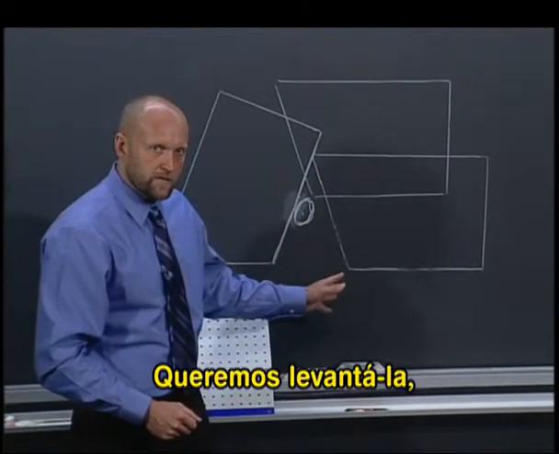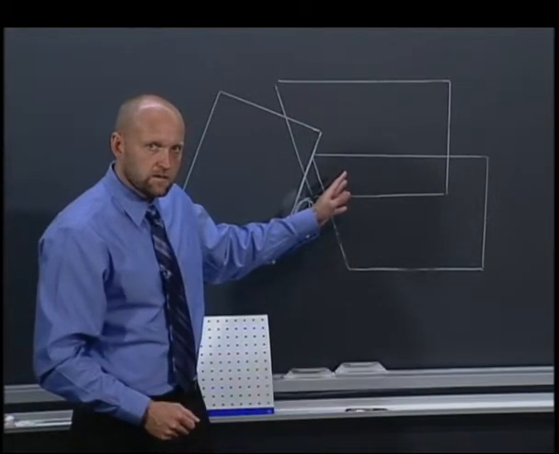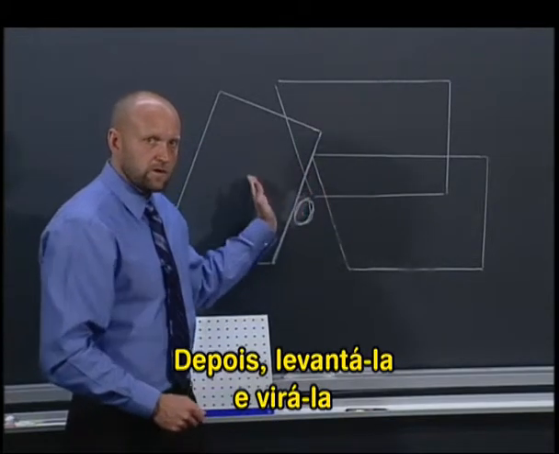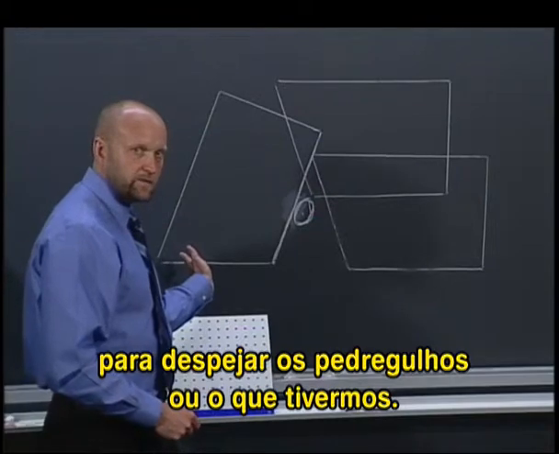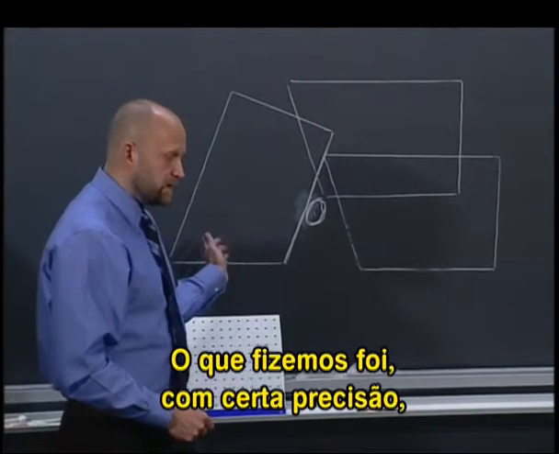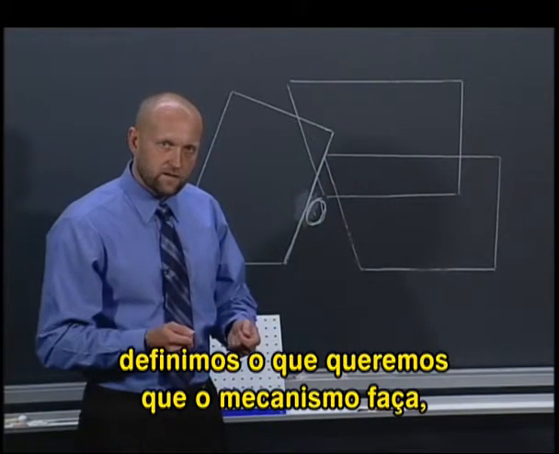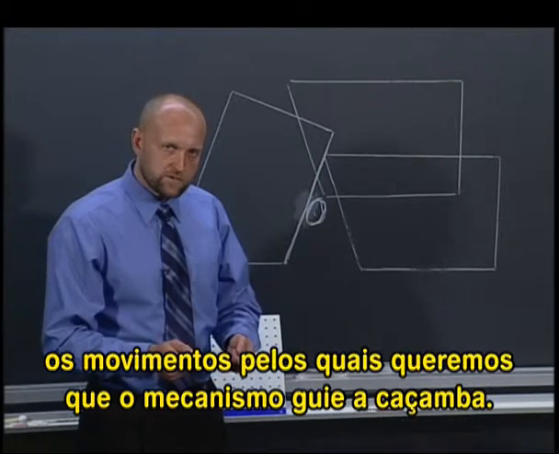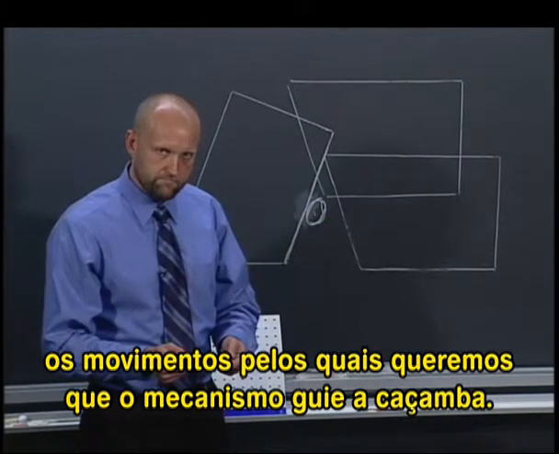We want to pick that bed up, keeping it relatively flat to overcome an obstacle, then move it up and over and turn it so that the gravel or whatever else we're carrying dumps out. So what we've done is with some precision to define what we want the mechanism to do, the motions through which we want the mechanism to guide the bed.